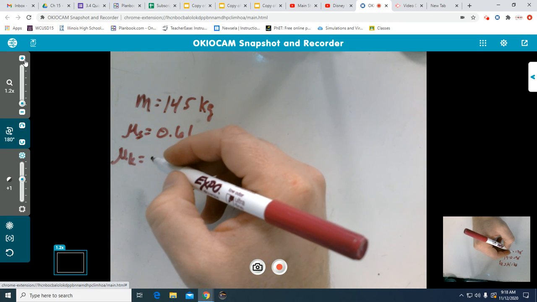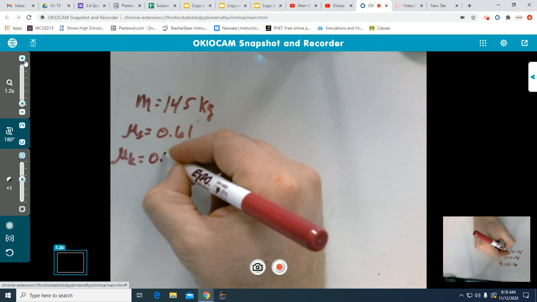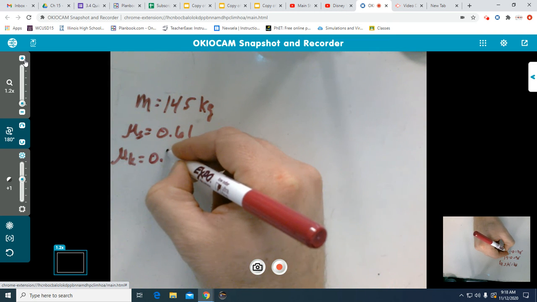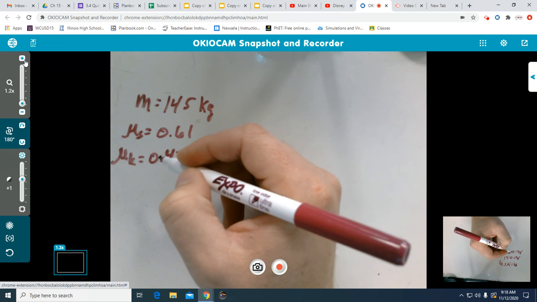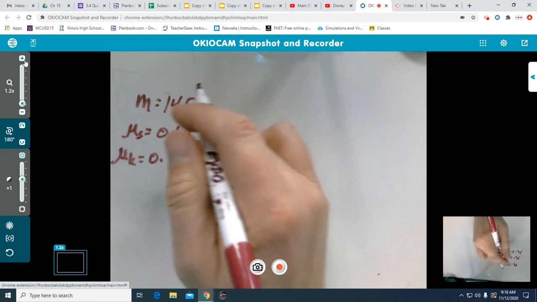We're on number 3, 3A. There's a table to the left.